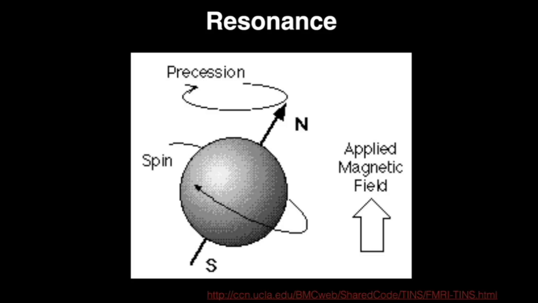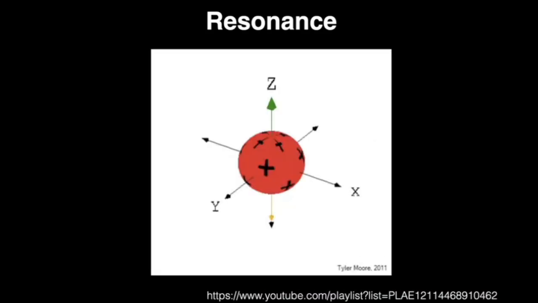So the useful model is that we have this strong magnetic field aligned along one direction, and not only is the little magnet precessing on its own axis, but it's also rotating around that main field. There's a nice video that's still up on YouTube that depicts what's happening here.